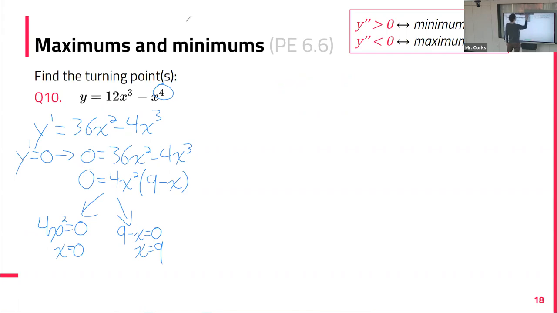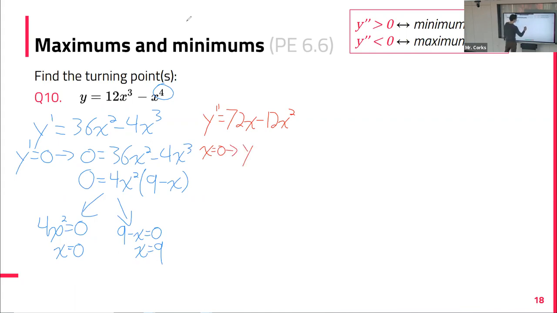All right, so what types are they? And that is our second derivative test here. So second derivative, y double prime is 72x minus 12x squared. Okay, so if we substitute in these points, when x is equal to 0, the whole thing is just 0.